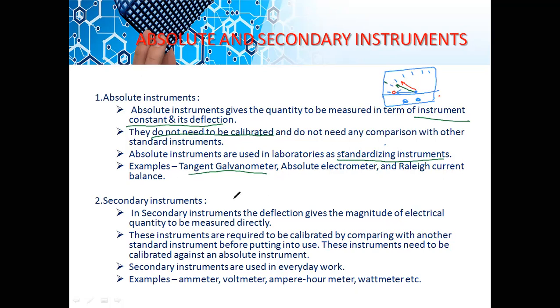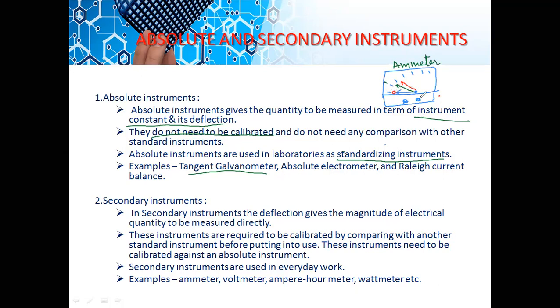Coming to the secondary instruments, in secondary instruments, the deflection gives the magnitude of the electrical quantity to be measured directly. So here it is just like the box that we have drawn. So we say that this box is an ammeter. Now when I give 0 amperes of current, it was showing this way, so we have calibrated it as 0.